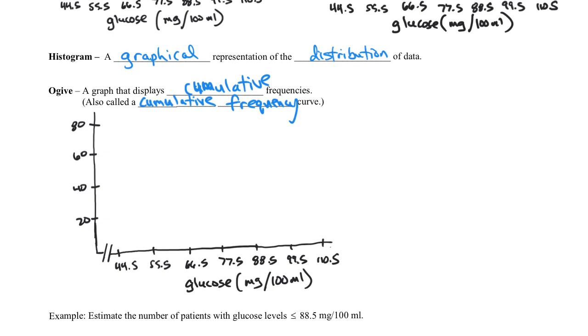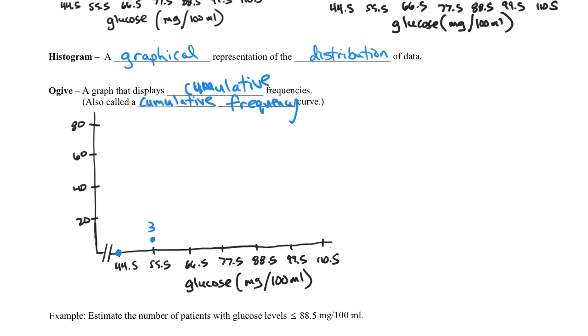So the way this works is we look at our cumulative frequency. I'm going to use a different color here. I'm going to put a dot right here at 44.5. What that means is that there are zero numbers to the left of this, so no data points below or less than 44.5. By the time we get to 55.5, we've got 3. So I'm going to put a dot where 3 would be, and a lot of times you'll see numbers up here. You don't have to, but you'll see them sometimes.